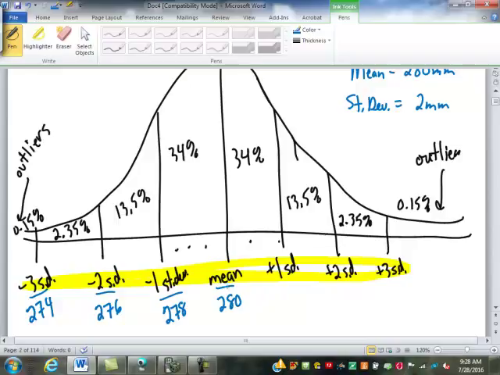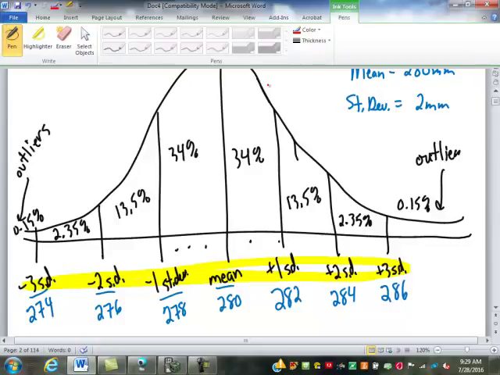Going the other way, if I start at the mean of 280 and I add a standard deviation, this is going to be 282. This will be 284 and 286. Perfect.